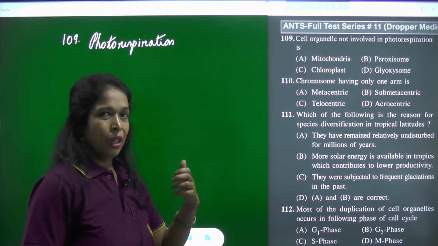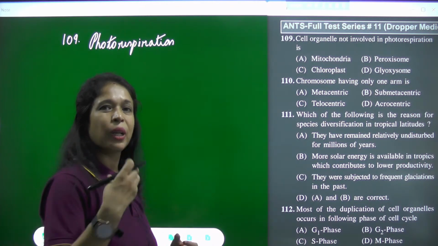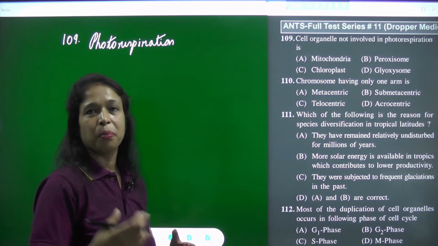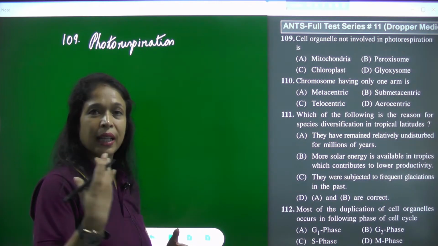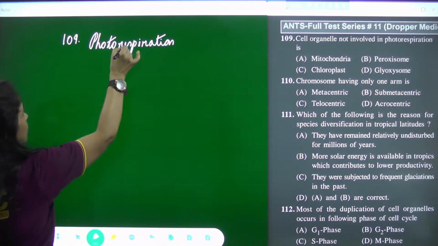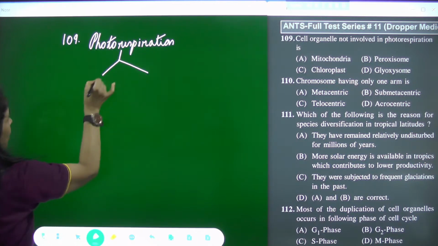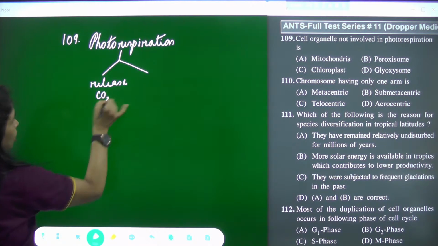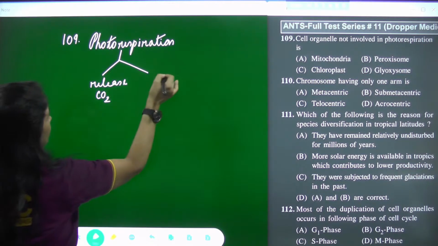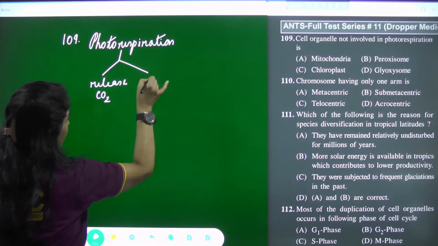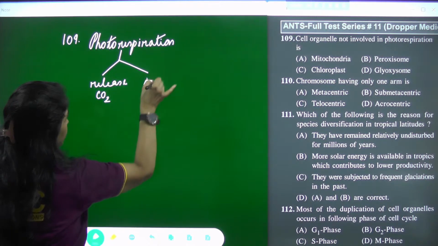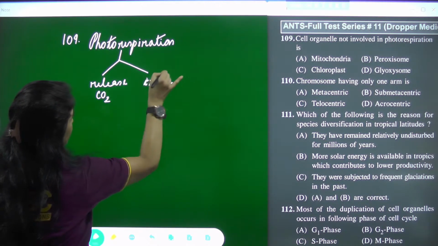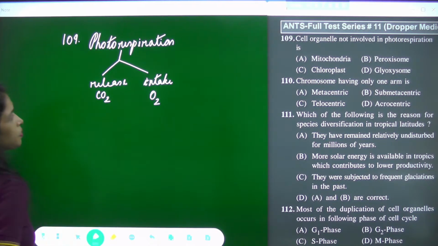Photorespiration involves extra release of carbon dioxide and extra intake of oxygen.